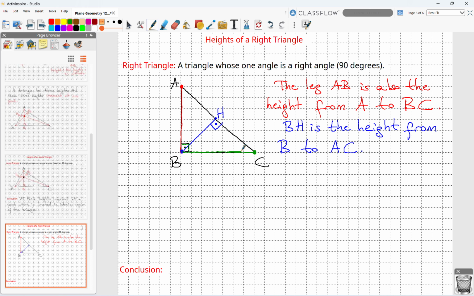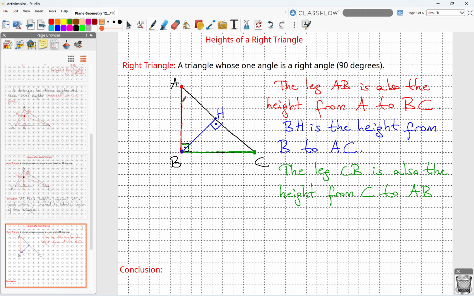So CB is a leg, and it's also one of the heights of the triangle, from C to AB. So the leg CB is also the height from C to AB.